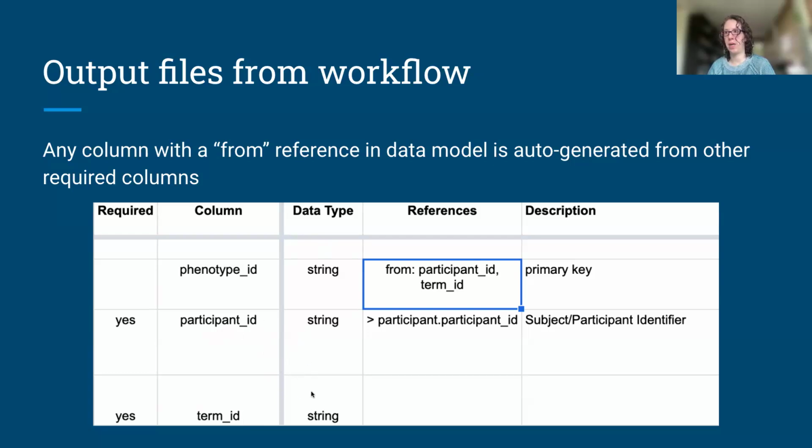You need those two IDs combined in order to generate a unique value for this table. So if the data model says that the primary key, the phenotype ID, comes from the participant ID and the term ID, the validation workflow will automatically generate this unique identifier so that the user doesn't have to generate that ID. It just gets generated automatically by the workflow.